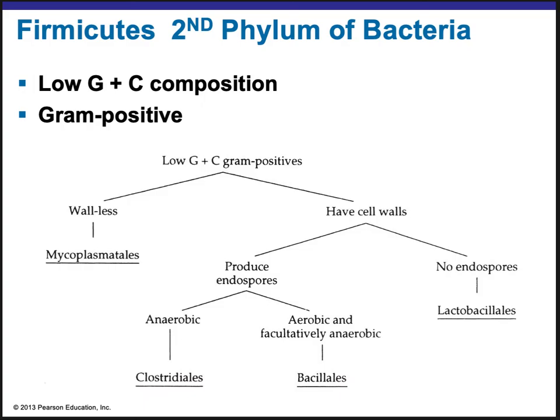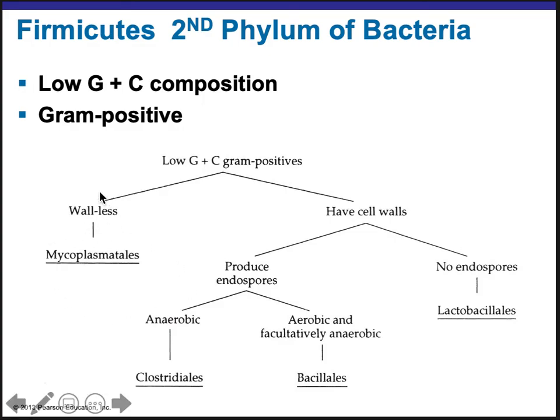Okay, so let's get started. Remember dichotomous keys? It's always an either-or question. So starting out at the top, it's saying low GC gram-positive. So assuming that you've already gotten to this point and the bacteria that you're working with is a gram-positive low GC bacteria, then the next step is to determine, does it have a cell wall or not?